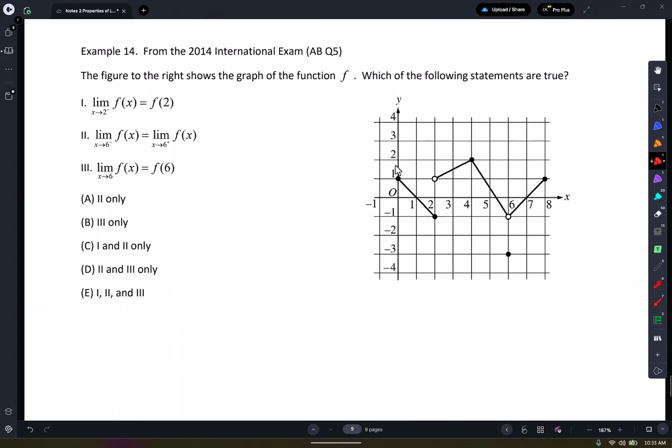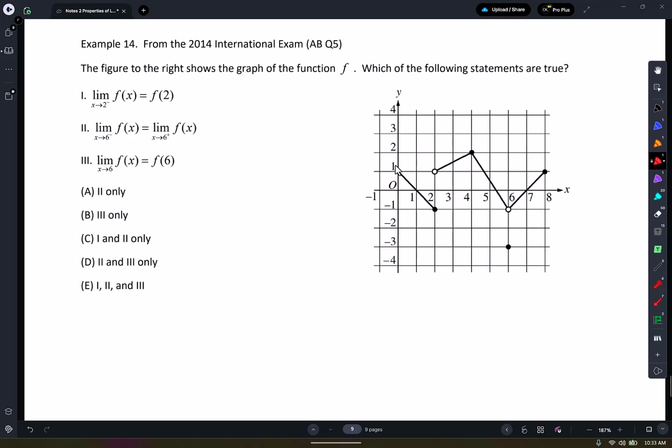All right. Here's another one. You guys want to give that one a shot? I'm going to start going over it, guys.